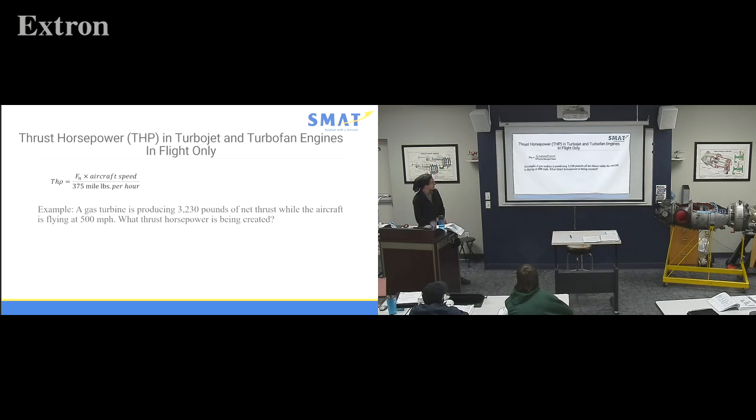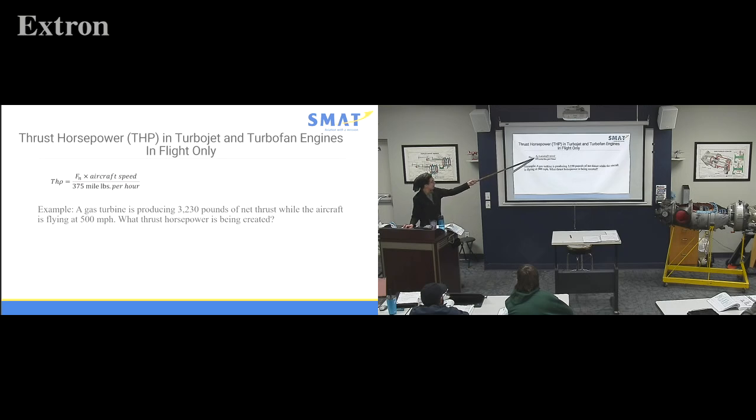So, thrust horsepower in a turbojet and turbofan, and this is a calculation for in-flight only. We have a gas turbine producing 3,230 pounds of net thrust because we're in flight, while the aircraft is flying at 500 miles per hour. What thrust horsepower is being created?